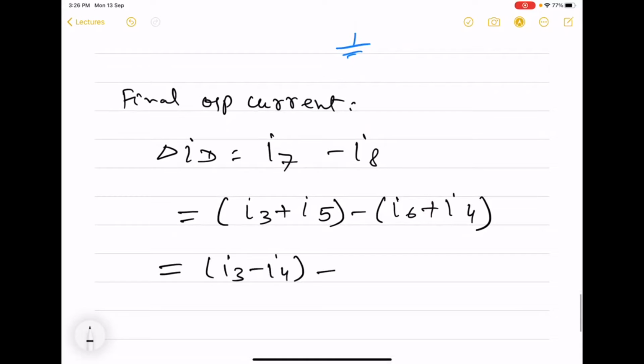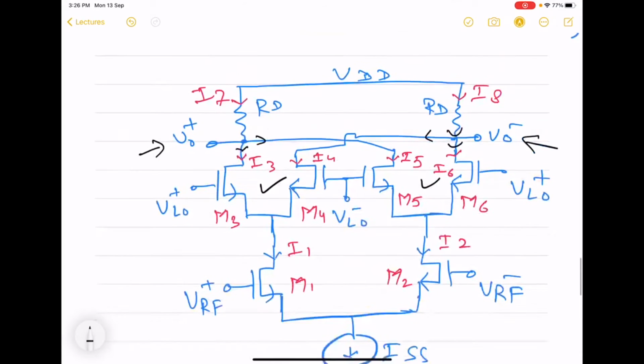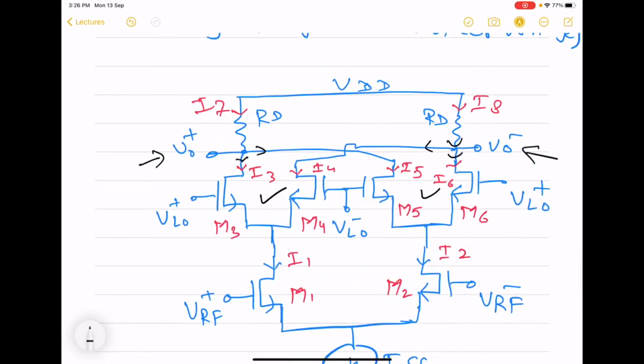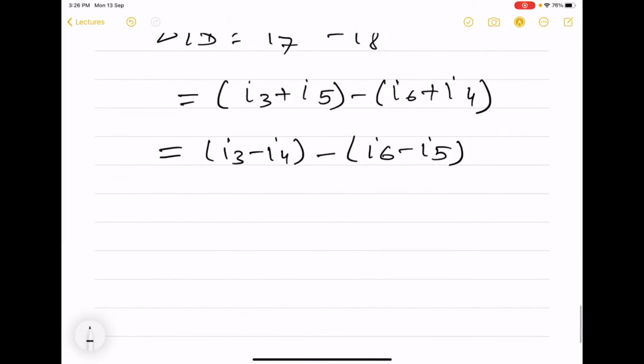This becomes the first pair, and then I6 minus I5. So difference of the current corresponding to positive voltage minus the current corresponding to negative voltage. So that is why we have written I6 minus I5 rather than I5 minus I6 here.